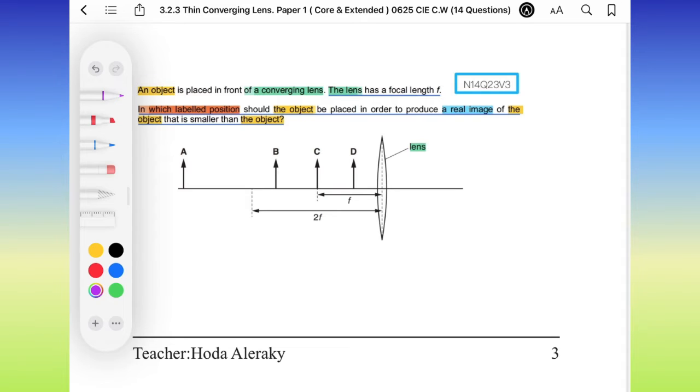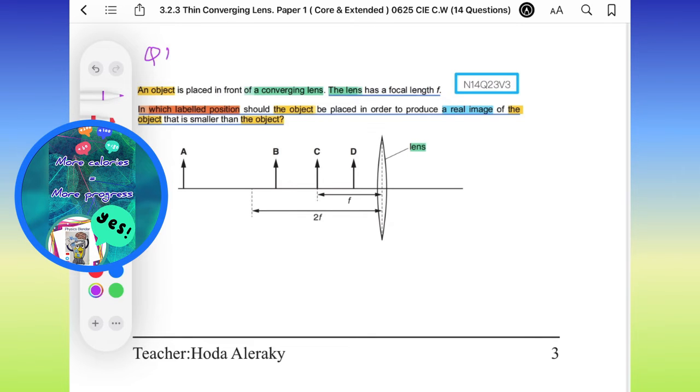Let's continue our classwork about thin converging lens, paper 1 for core and extended. We have question 4.